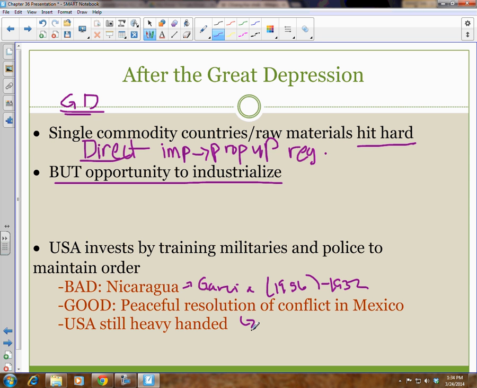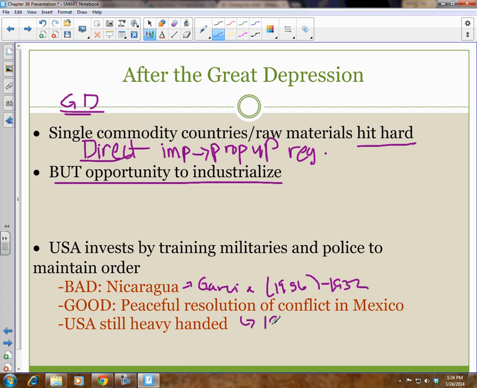And the economy was very negative towards these groups. They wanted to redistribute land, Zapata and Pancho Villa, and they wanted to have more inclusion of labor. And they actually wanted to nationalize the oil industry.